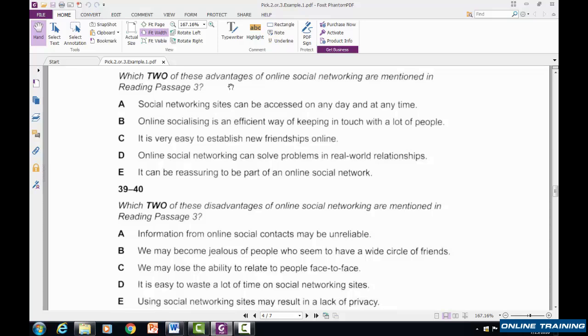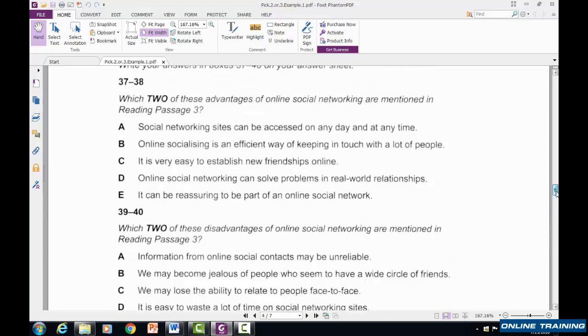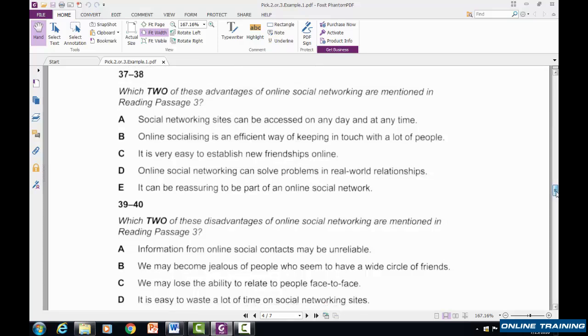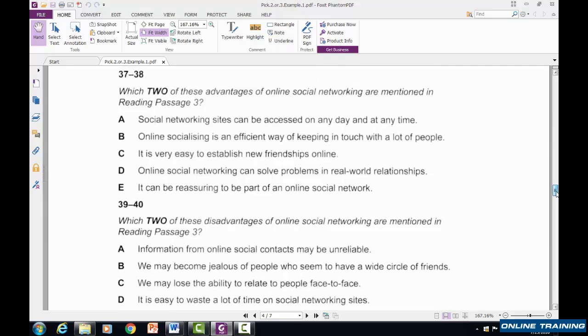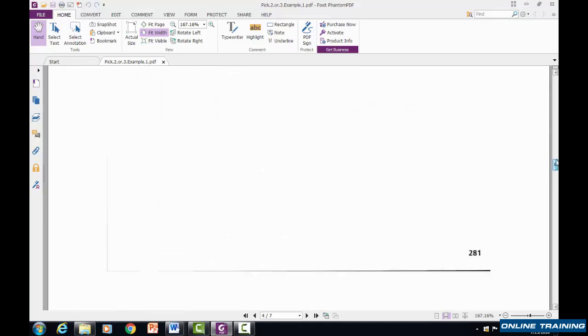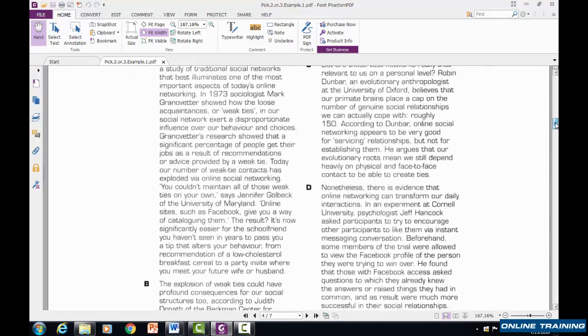All right. So for this question, I've already done the other questions in a previous example, but the correct answers for number 37 and 38 were letter B and also letter E. The reason why it was letter B as an advantage is right here in this first paragraph, it talks about the result.